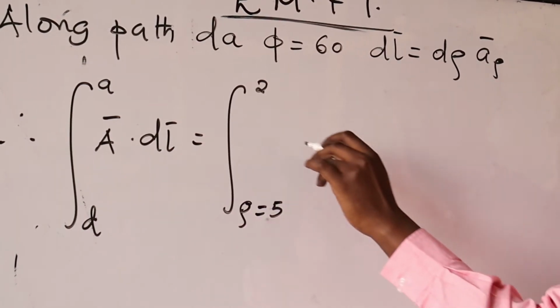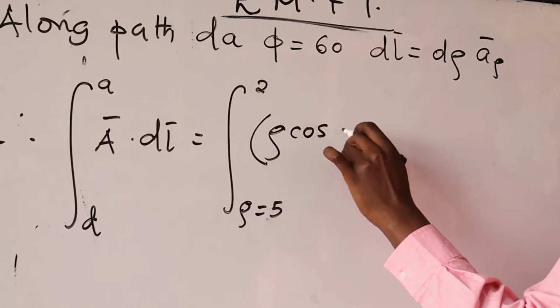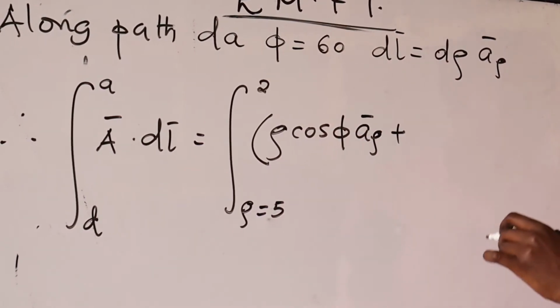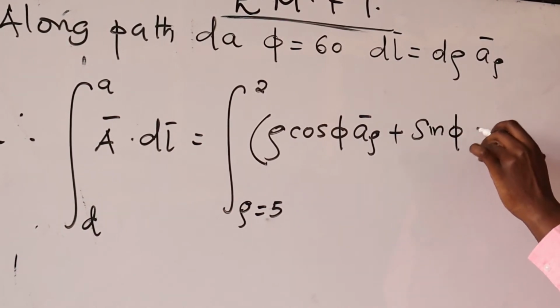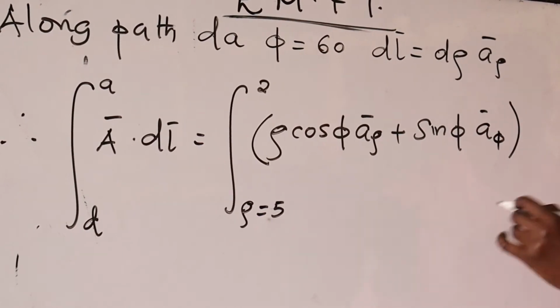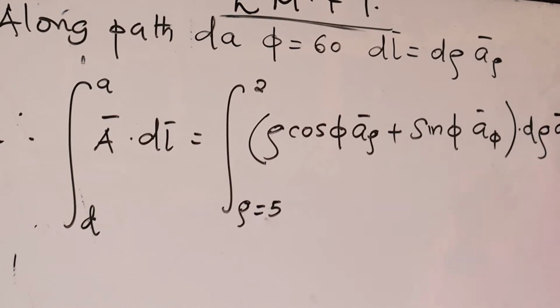The value of A is given as rho cos phi of A rho plus sine phi of A phi bar, then dl is d rho of A rho.